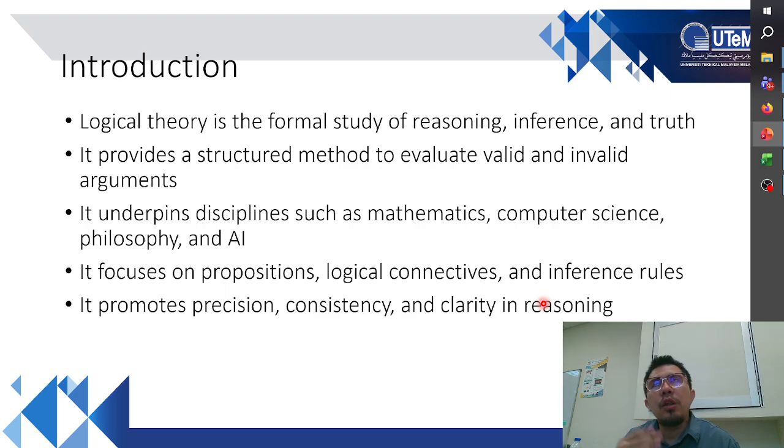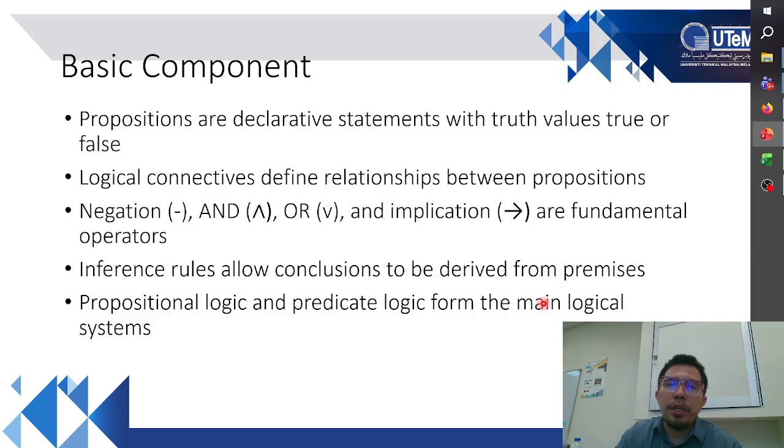So what is logical theory basically? It is a formal study of reasoning, inference, and truth. It provides a structured method to evaluate valid and invalid arguments. So it underpins disciplines such as mathematics, computer science, philosophy, and AI. Basically, it focuses on propositions, logical connectives, and inference rules. It also promotes precision, consistency, and clarity in reasoning.